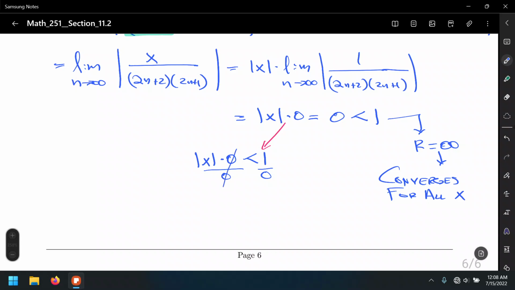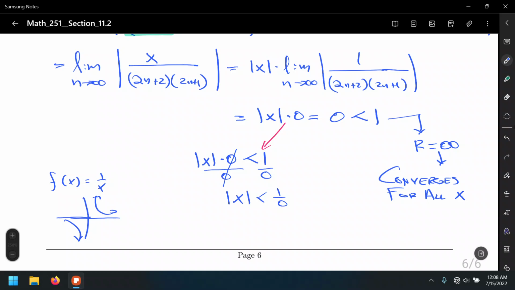Then what's 1 over 0? It's technically undefined, because this is the same as analyzing the function f of x equals 1 over x, which looks like this.